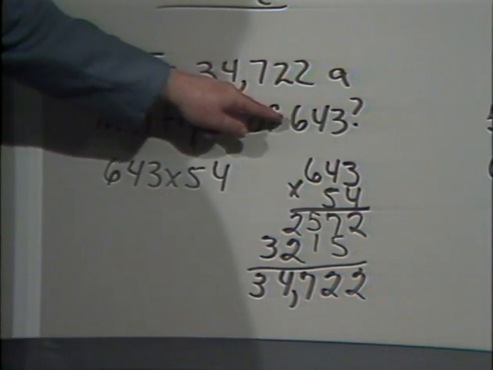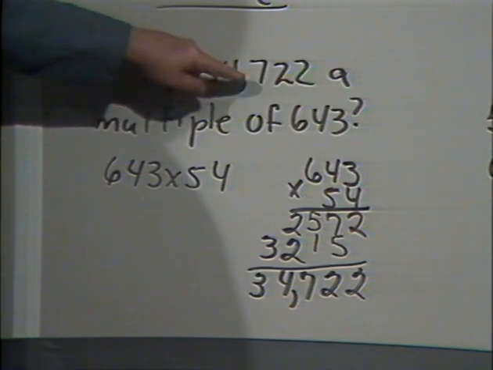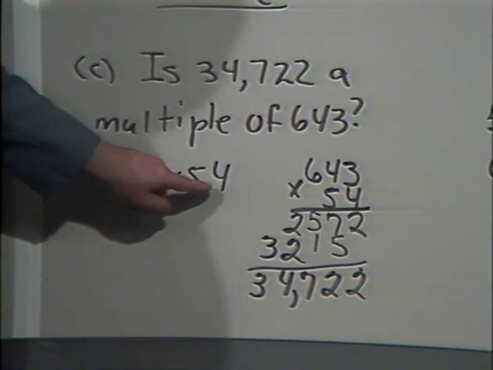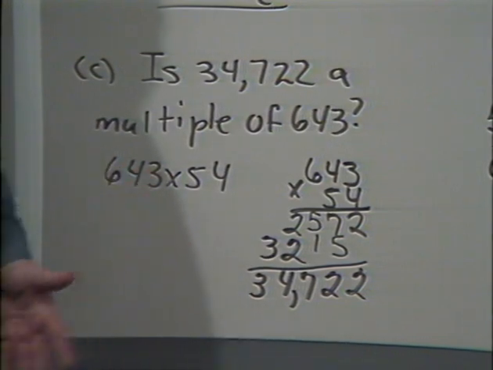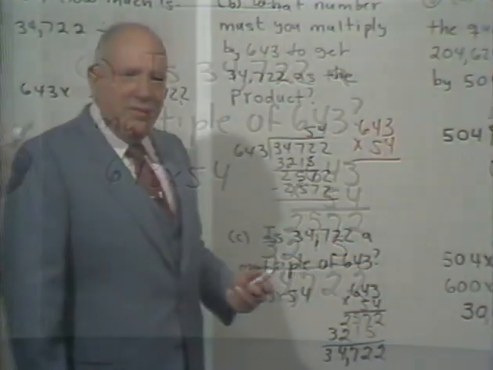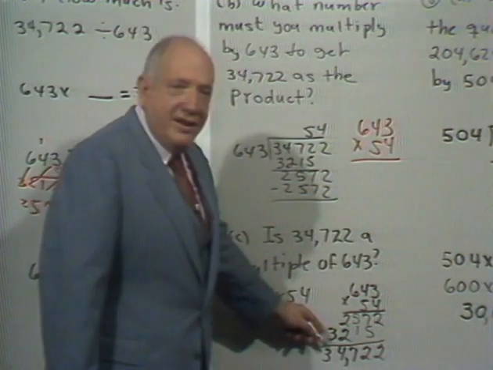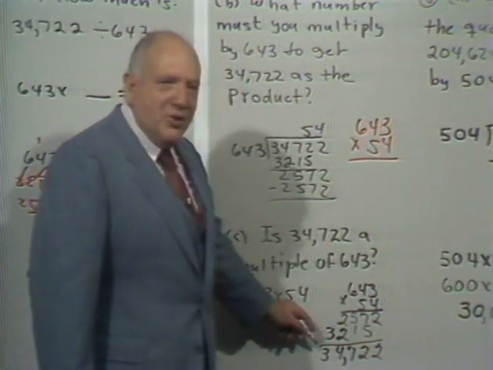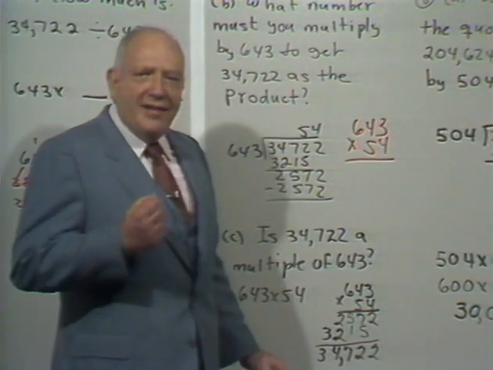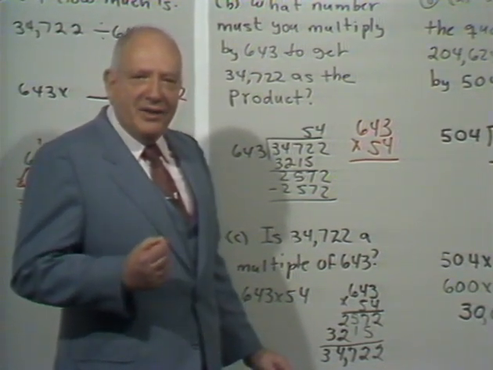Not only is the answer yes, but 34,722 is the 54th multiple of 643. And you know I'd never give you a homework problem within a homework problem. I've worked this out for you over here. So disregard the homework problem I told you to do. There's this whole thing worked out. Just make sure you understand how A, B, and C are related.